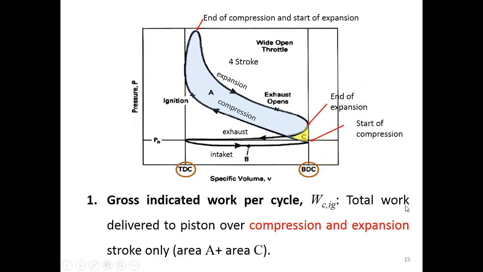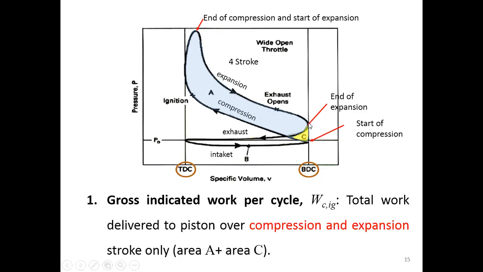So the gross indicated work per cycle means the total work delivered to the piston over the compression and expansion strokes only. So where are the compression and expansion strokes? Compression starts right here and goes, and it ends here, and then expansion starts and finishes right here.